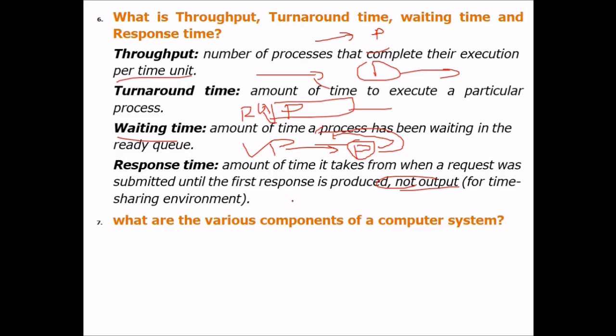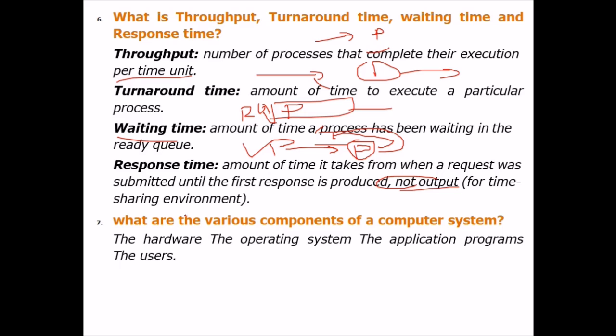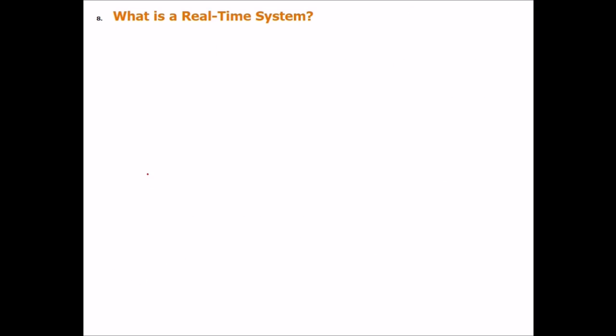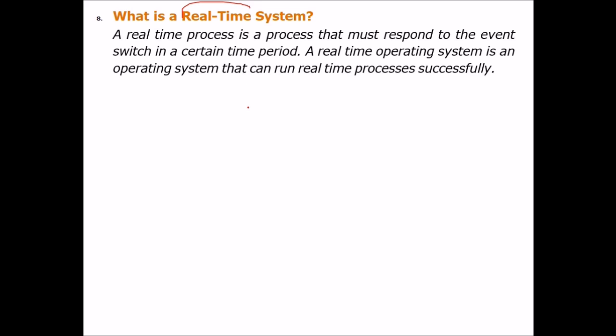What are the various components of a computer system? You have in a computer system the hardware, the operating system, the application programs, and of course you, that is the users. What is a real-time system? A real-time process is a process that must respond to an event within a certain time period.